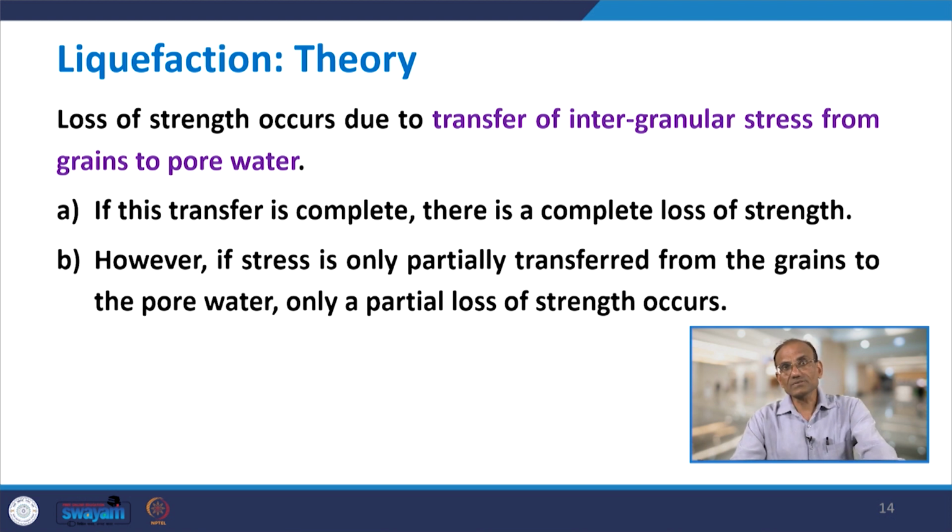However, if stress is only partially transferred from the grains to the pore water, only partial loss of strength will occur. If the whole load is transferred to the pore pressure, then we say that complete transfer has occurred, while if it is only partly transferred, then it will be a partial loss of strength.